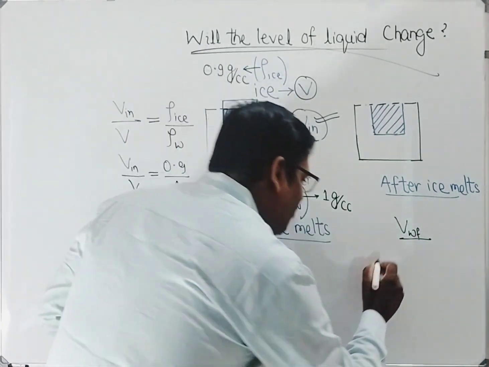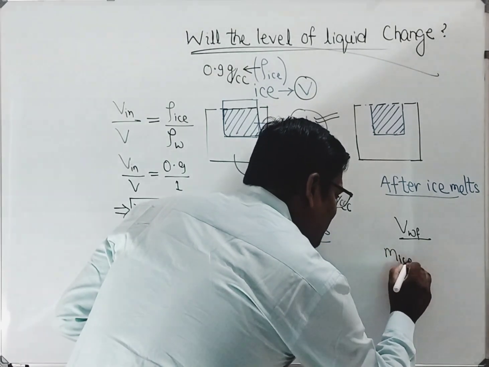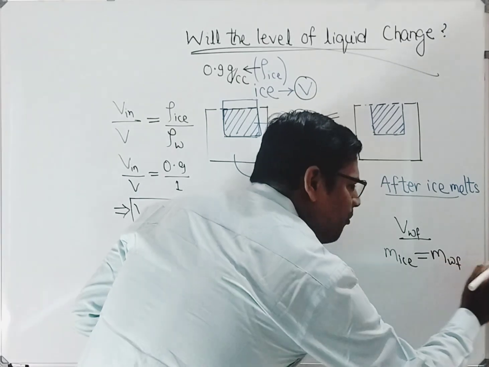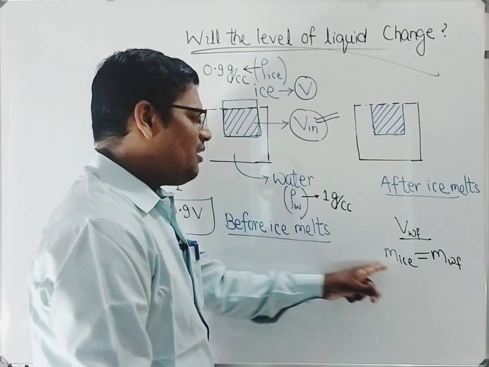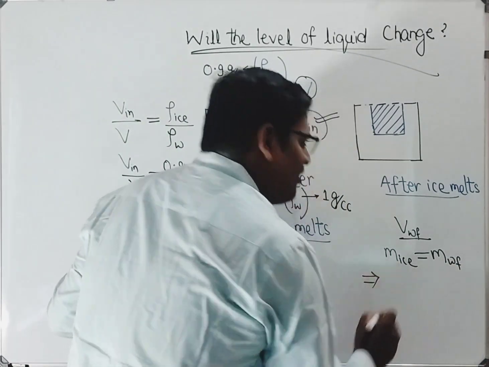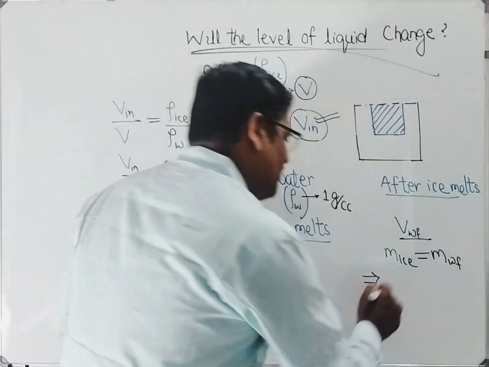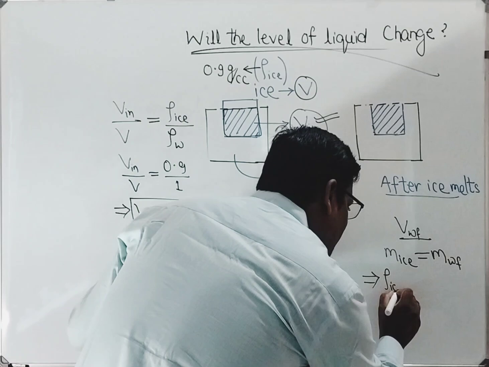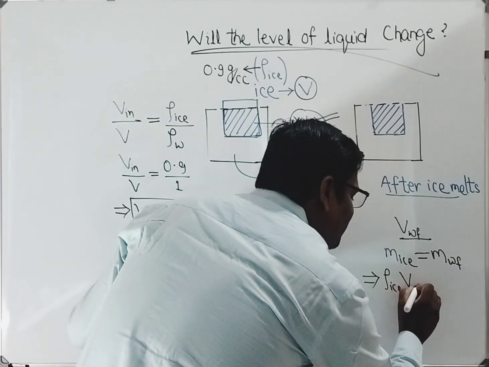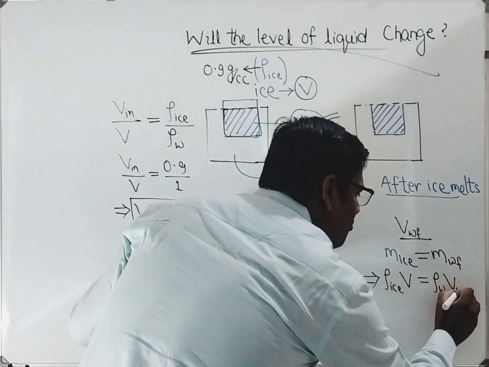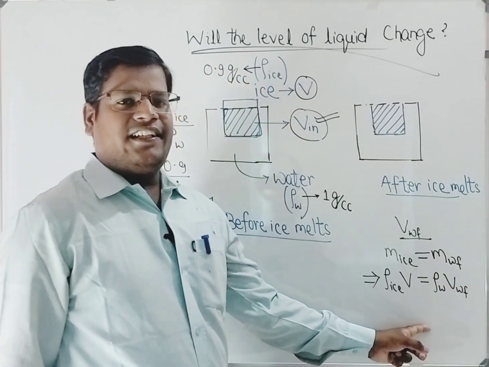So let's use the formula. The mass of the ice which melts is equal to the mass of the water which formed. Now what is the mass of ice? Mass is density times volume. So this is rho ice into volume of ice, equal to rho water into volume of water formed. Hope this is clear.